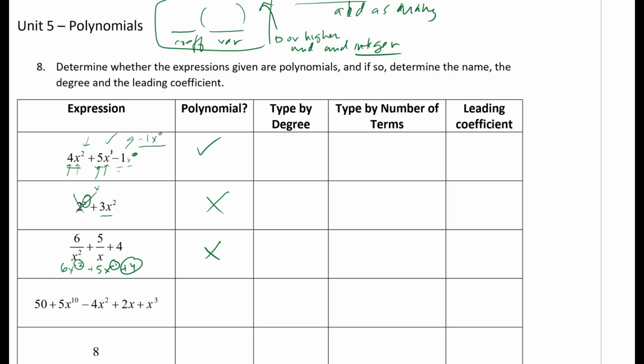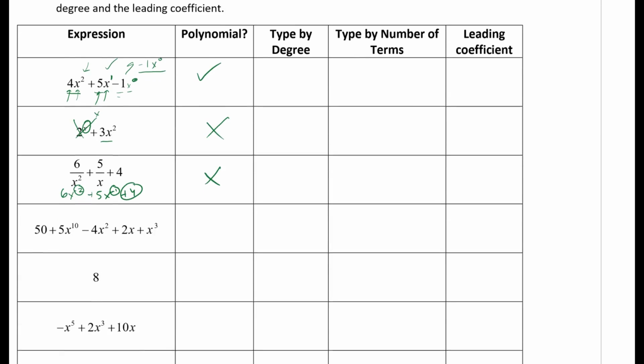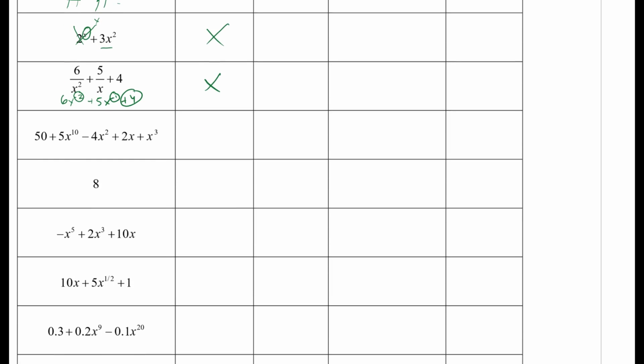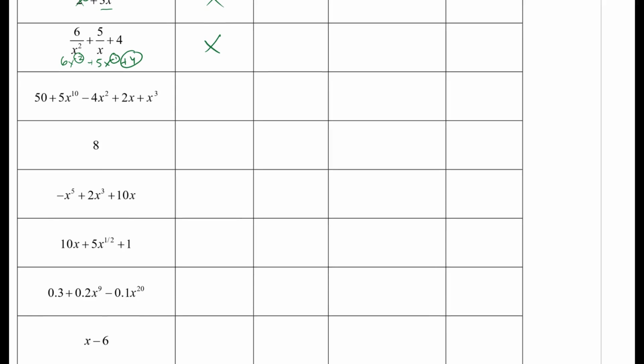Okay, so I'm not going to go through all of these. I'll just point out a couple of tricky ones here. These other ones are all polynomials, and I'll let you reason through why. This one is not, because it has the coefficient and the variable, but that exponent is not an integer.